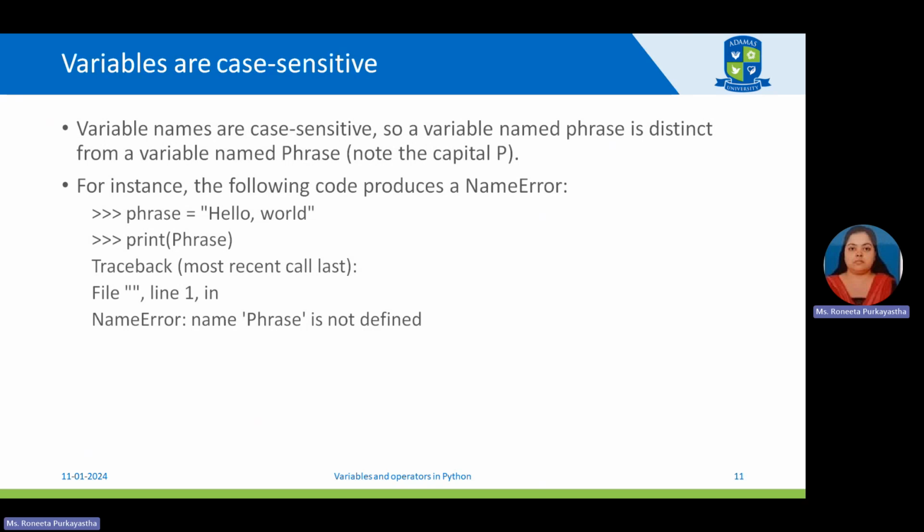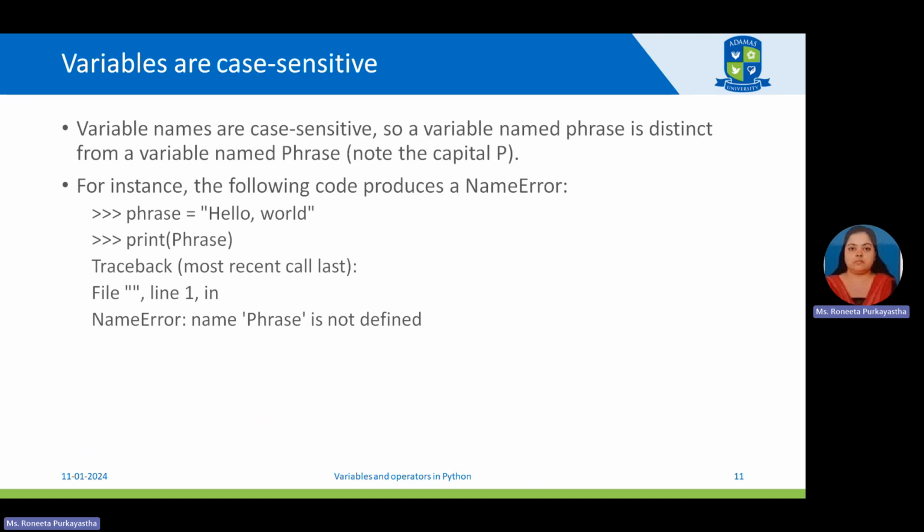Now next is that variable names are case sensitive. Case sensitive means lowercase, uppercase, whatever case you use in declaring the variable name, that same name should be used in each and every place that you reference the variable name.